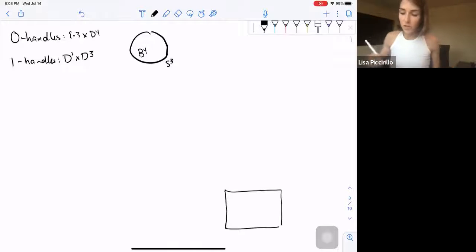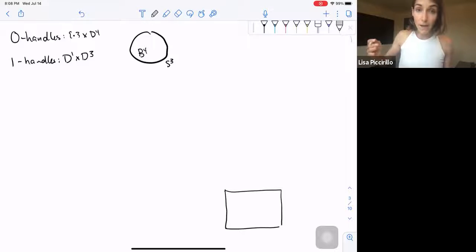And there's really not too much to say, except I want to make one comment before I move on from zero handles, which is that we think about our handle diagrams, which are the pictures we actually draw when we're trying to describe a handle decomposition of a four-manifold.